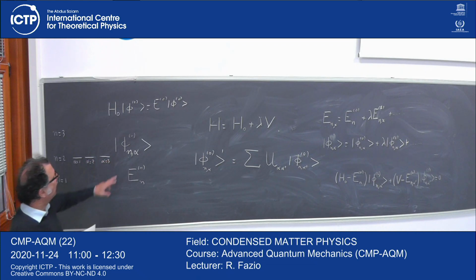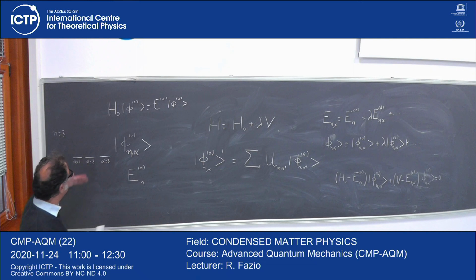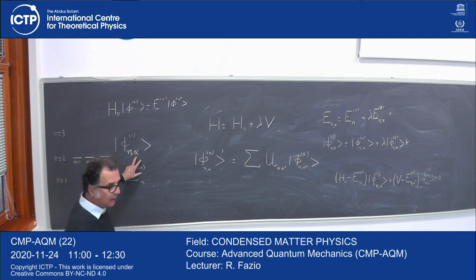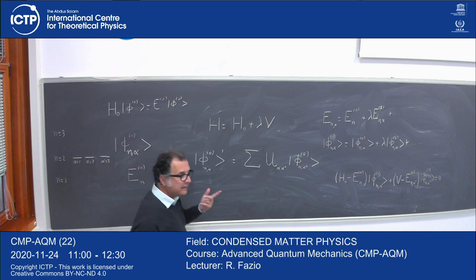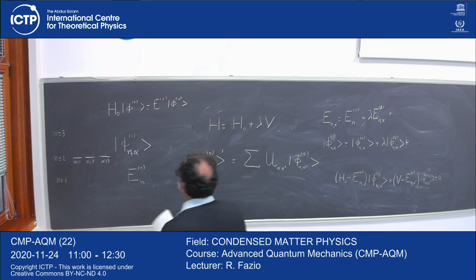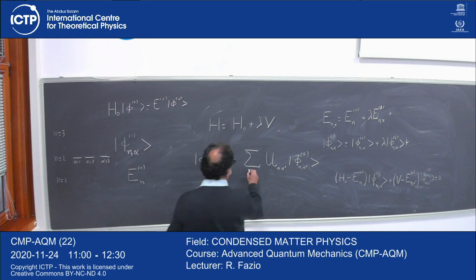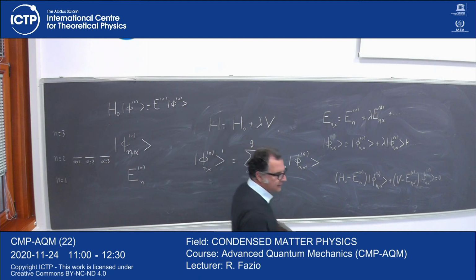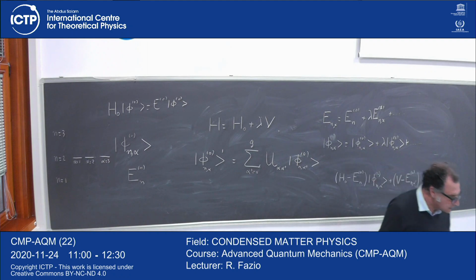So n just gives me the position of the level, and alpha is the index which goes up to g. So I have to sum here over alpha prime from 1 to g, where g is the degeneracy of the level.